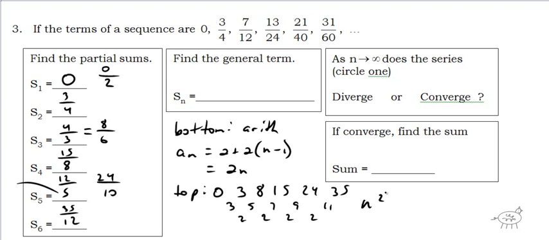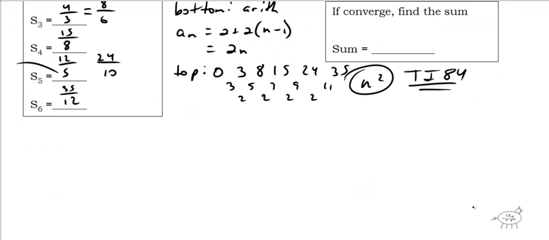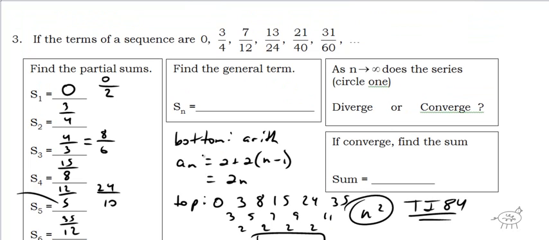So this is n squared. So you can use your calculator, and if you plug it all in as you've done before, you get n squared minus 1. There's your top. So S sub n is n squared minus 1 over 2n.